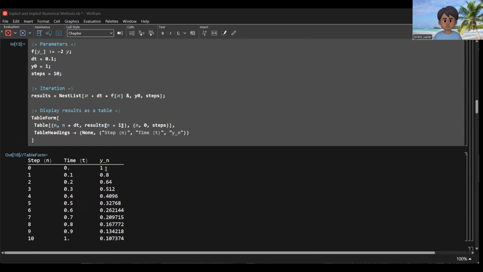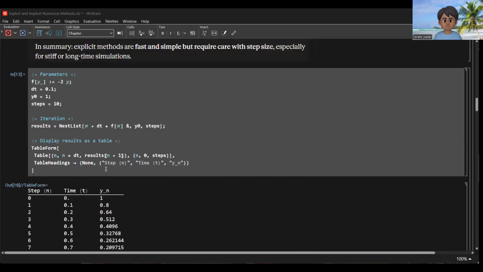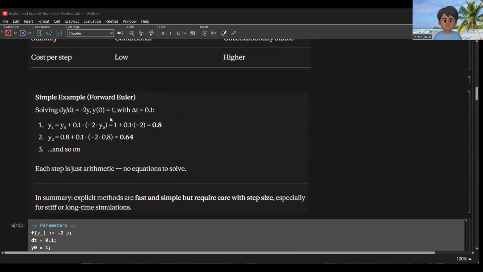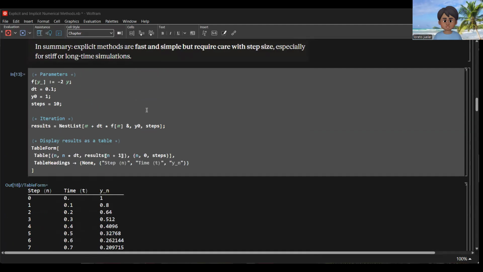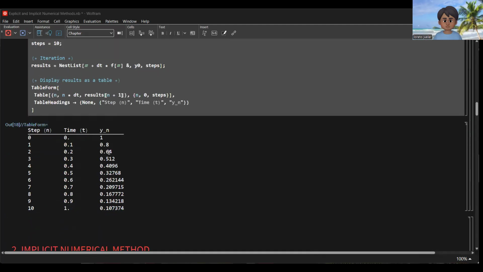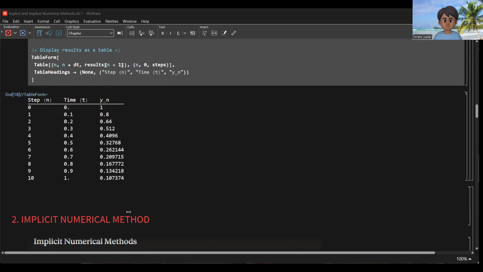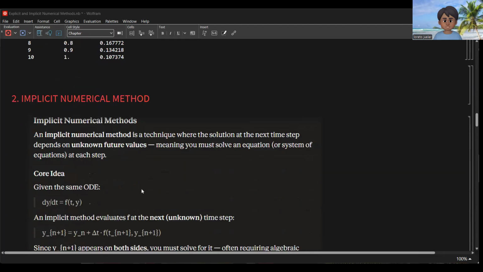If the initial value of y is equal to 1, the second value y sub 1 is equal to 0.8. Then y sub 0, y sub 1, y sub 2, y sub 3, up to y sub 11 here, 0.107374.